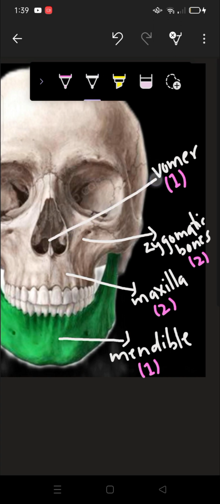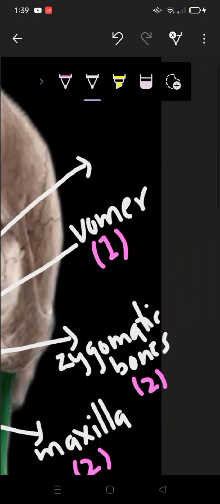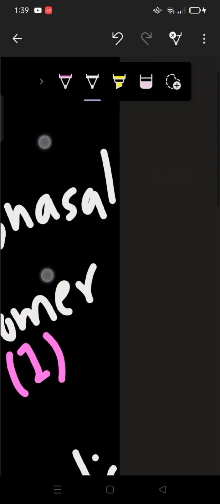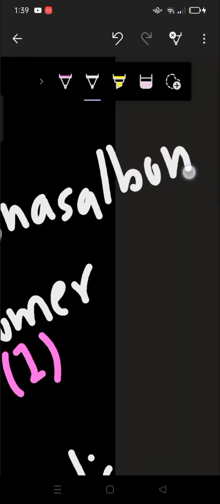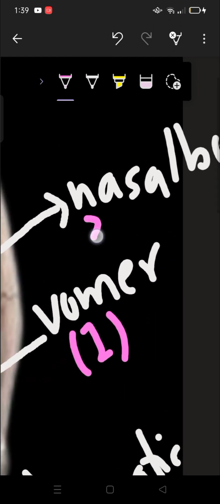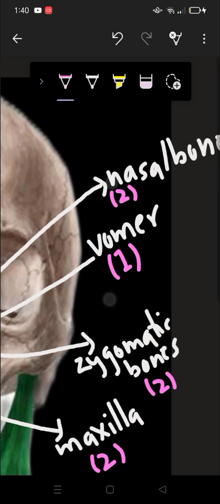Here we have nasal bones, which are how many in number? Which are 2 in number. Let me write that, which are 2 in number.